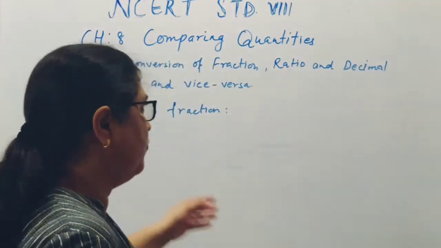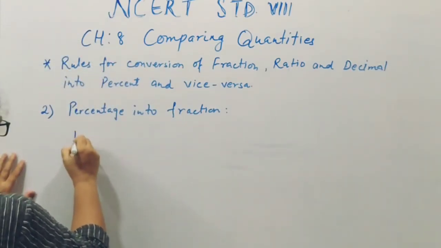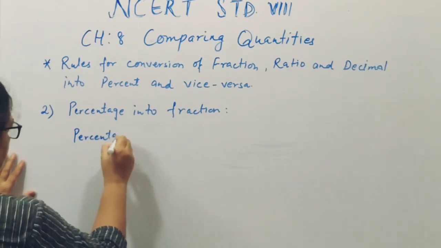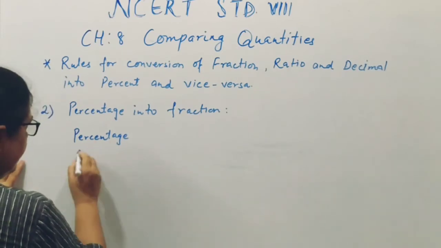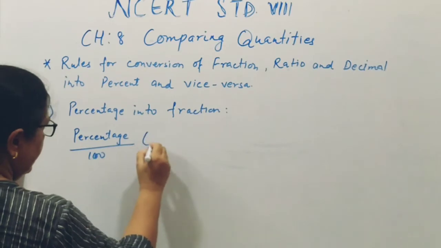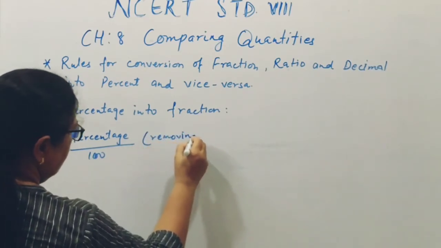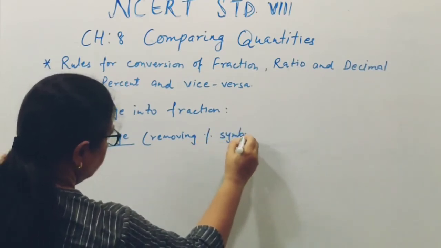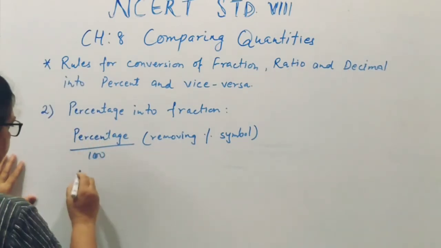Second one, from percent to fraction. We can convert a percentage into fraction just dividing the percentage by 100 and removing the percentage symbol and expressing the result into simplest form.